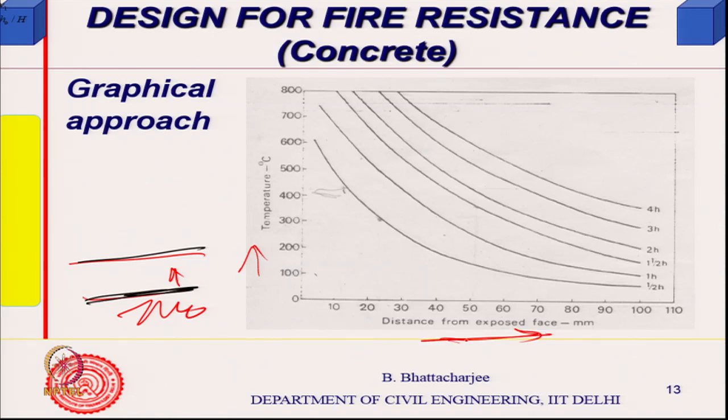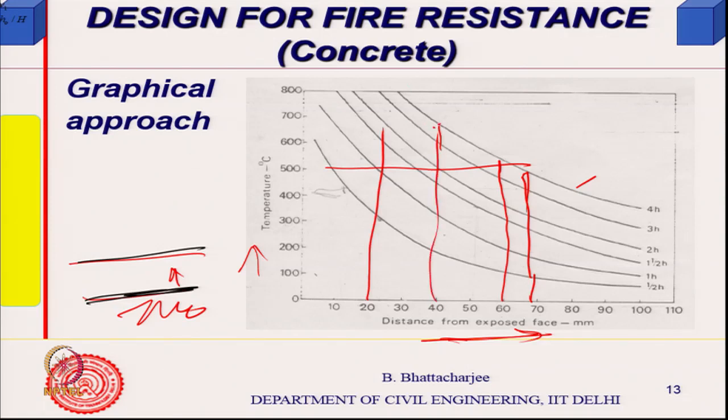After 4 hours, if I go to 70 mm from the exposed face, the temperature will be around 500. At 60 mm from the exposed face it will be something like this, at 20 mm it will be very high, and at 40 mm it is beyond 800.